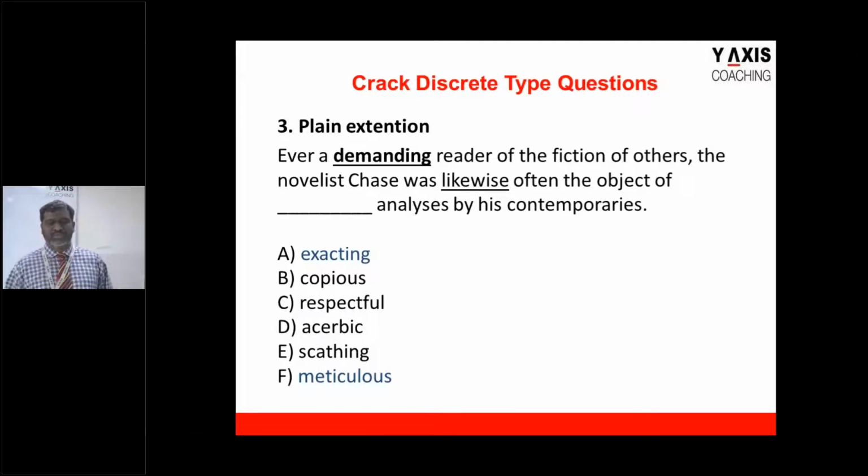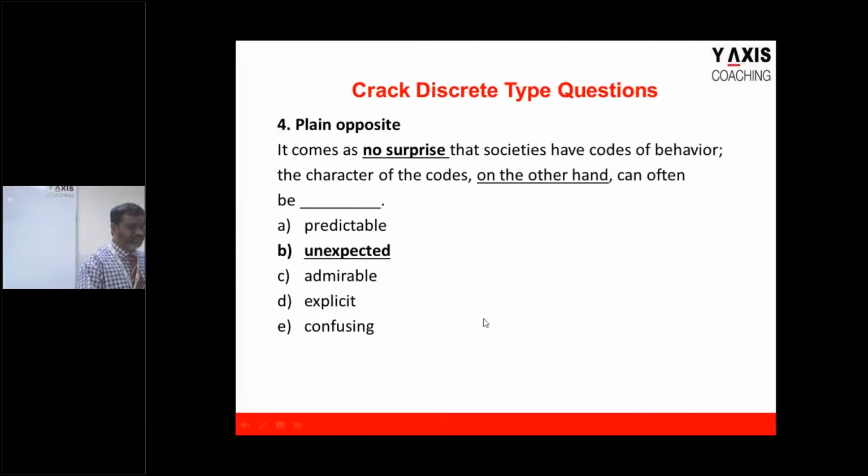So likewise indicates that you need to continue the meaning of the sentence. So the word is demanding, and meticulous and exacting is same as demanding. So those are the two words that can go with the answer.